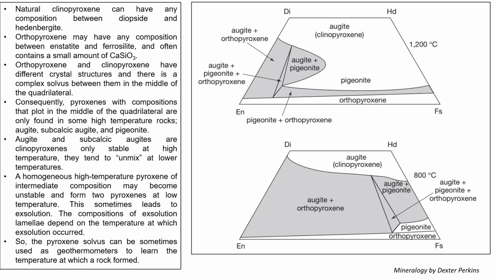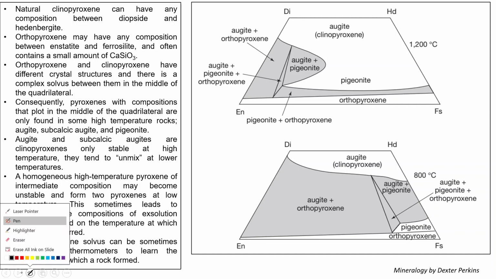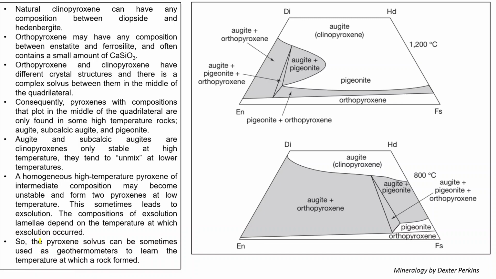As we had discussed previously, this is a very good diagram from Dexter Perkins. What does it say? That natural clinopyroxene can have any composition between diopside and hedenbergite, and orthopyroxenes can have any composition between enstatite and ferrosilite, but they often contain a very small amount of calcium silicate, CaSiO3.